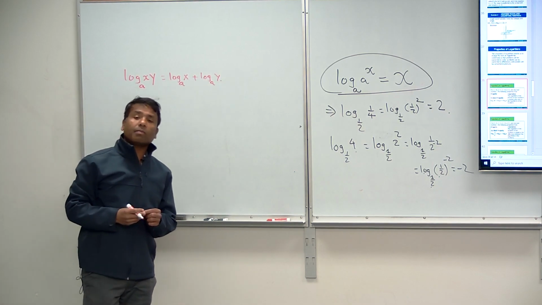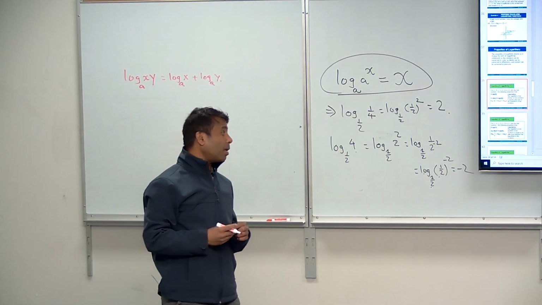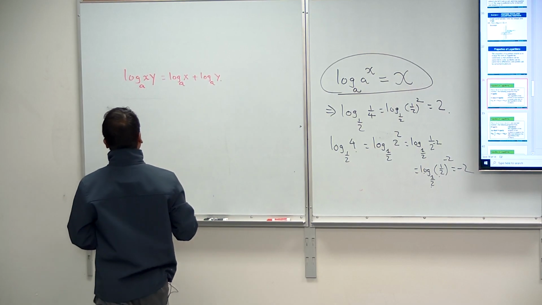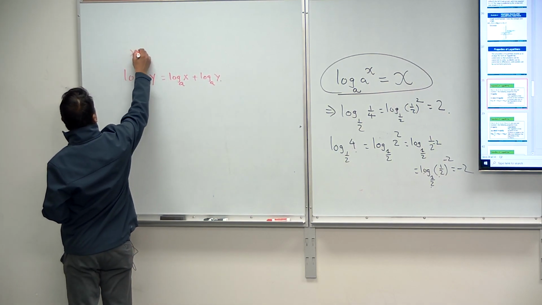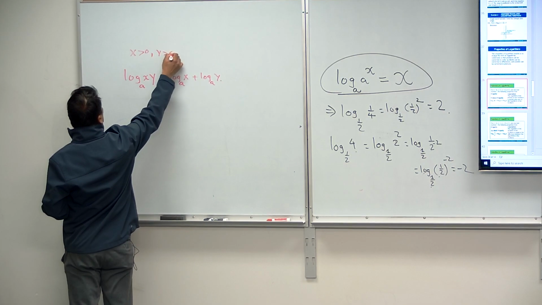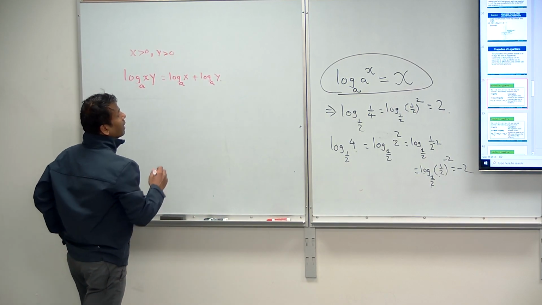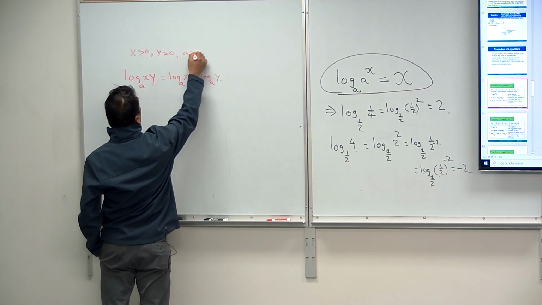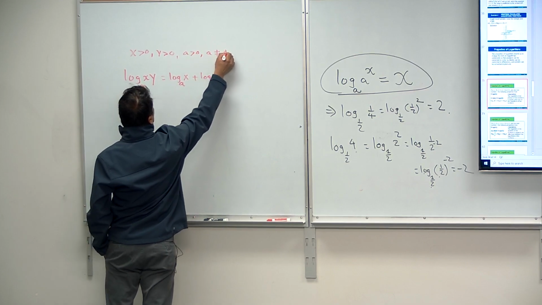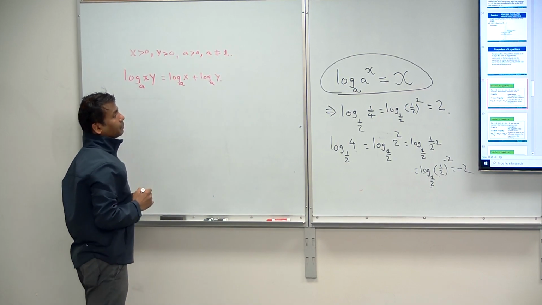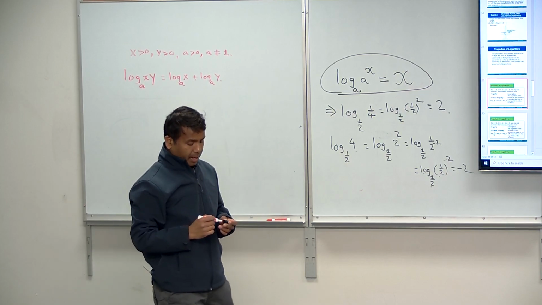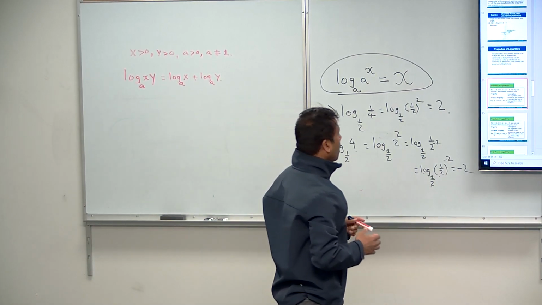So the logarithm of the product is the sum of the logarithms. But you see here, x is positive, y is positive, a is positive, and a is not equal to 1. This is the product property.